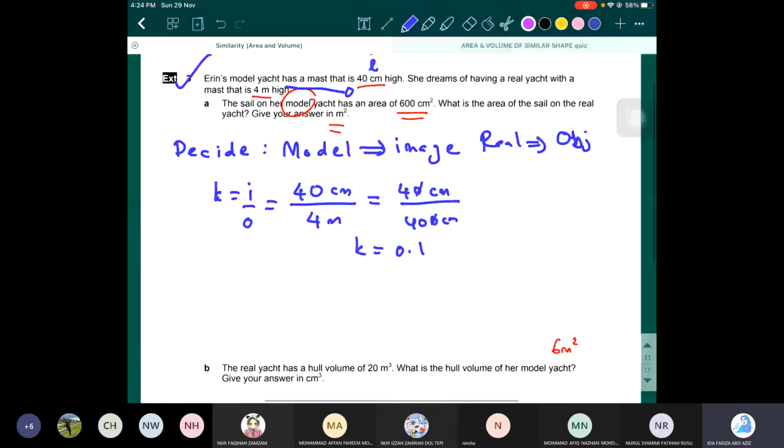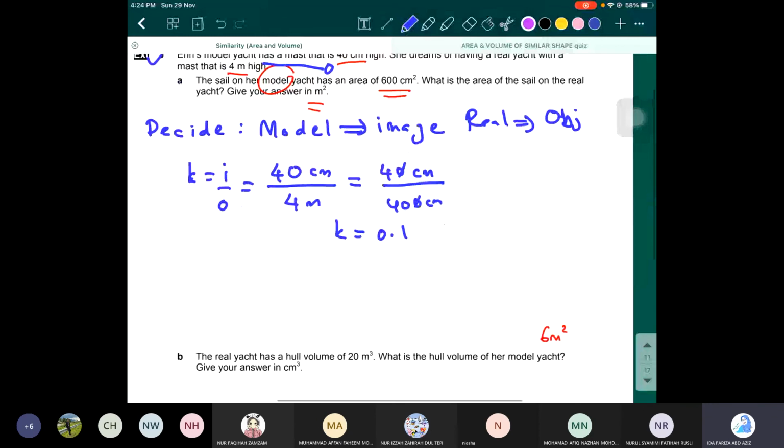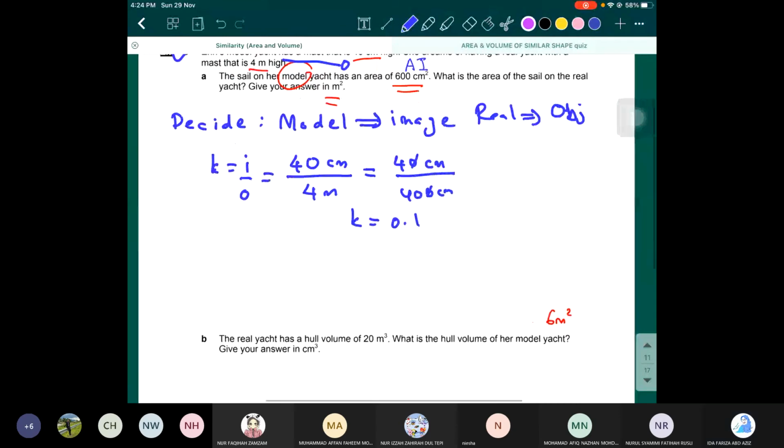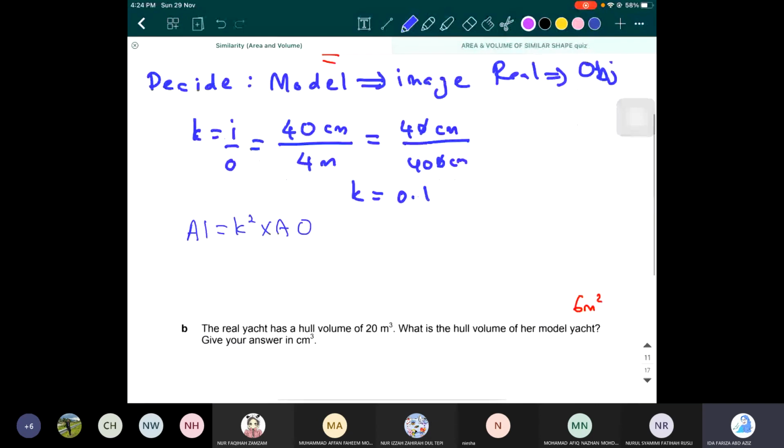So now, dah dapat K 0.1, nak cari area. Sekarang ni, model, area dia 600. So yang ni adalah area image. Kita cari area objek. So AI equals K square times AO. Area image 600.